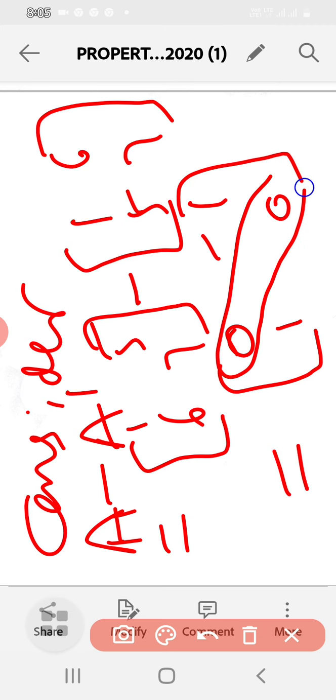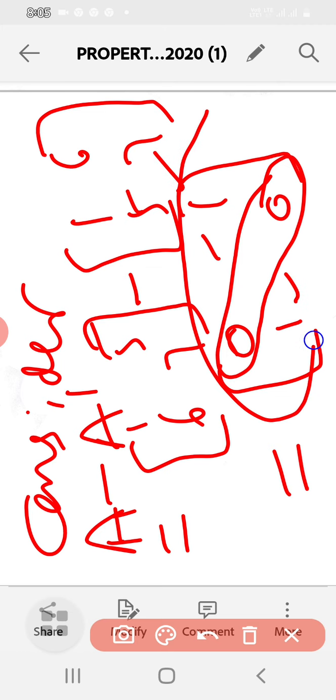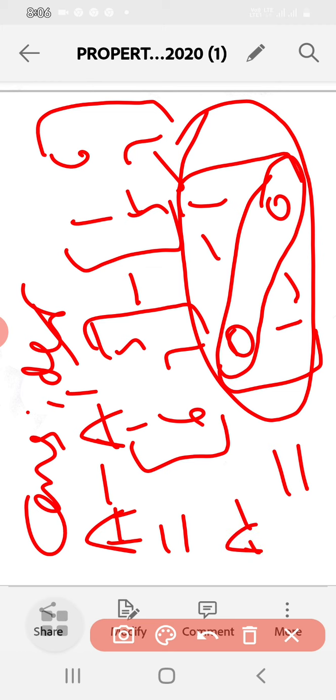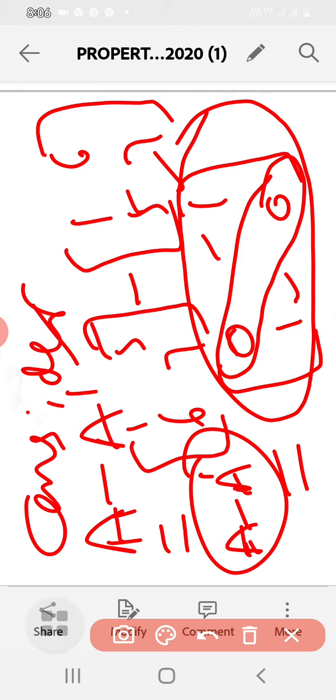Here, the diagonal elements are 0 and the remaining elements are equal and opposite. This is exactly how a skew symmetric matrix looks. Therefore A minus A dash is a skew symmetric matrix.